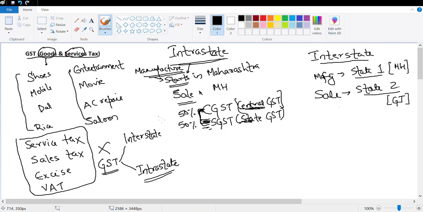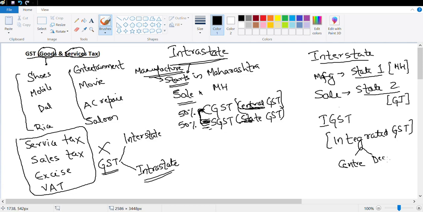In this case, there are no two components. There is a single component which is called IGST, which is integrated GST. Now again, even integrated GST, there are two components to it. The center will keep some part of the tax and some part of the tax will go to the destination state, which is the state where the sale happened.